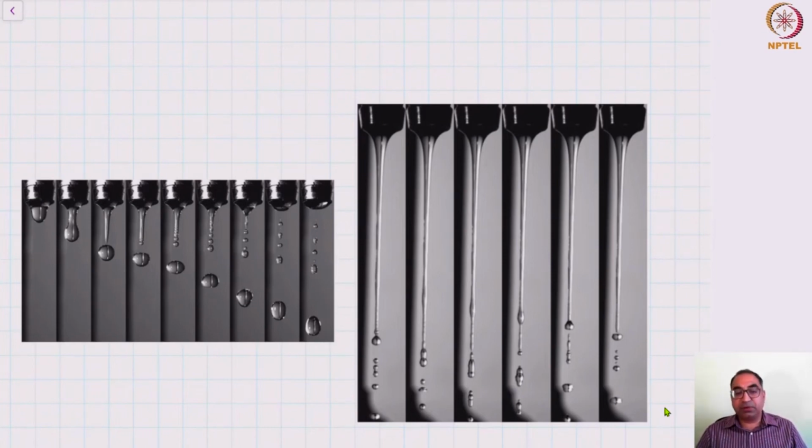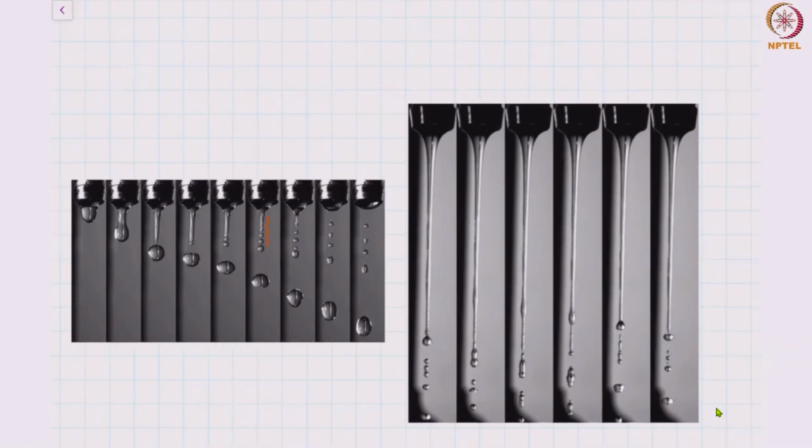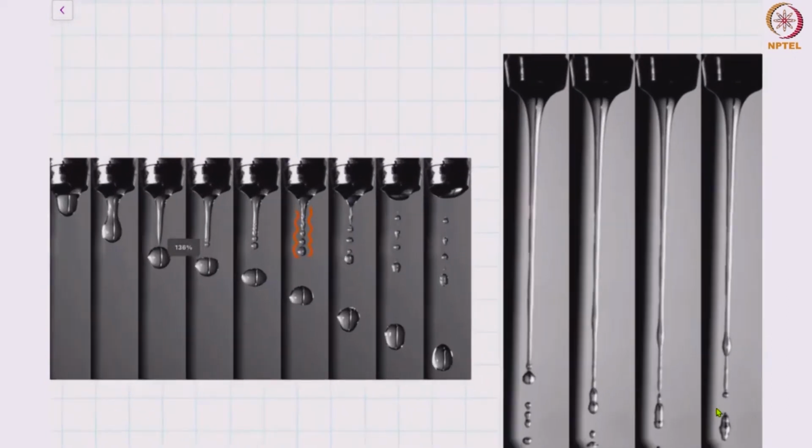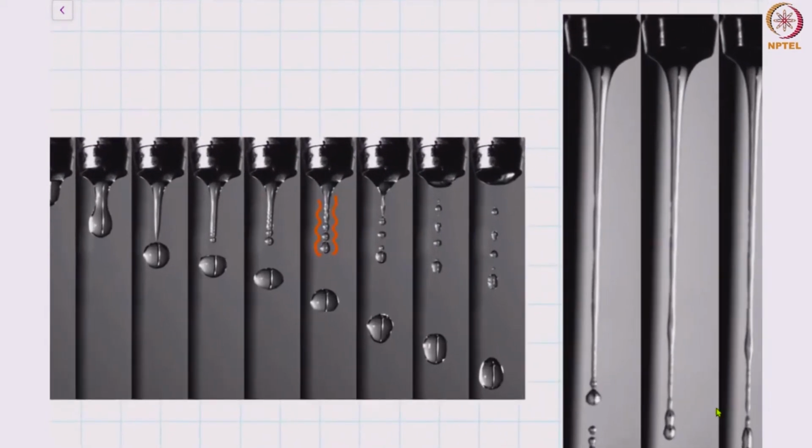The jet has not yet formed, and you notice that further, you notice that these undulations, if I could just make them a little bigger, these undulations also are growing in amplitude. And eventually, they lead to breakup of this little filament into tiny droplets.